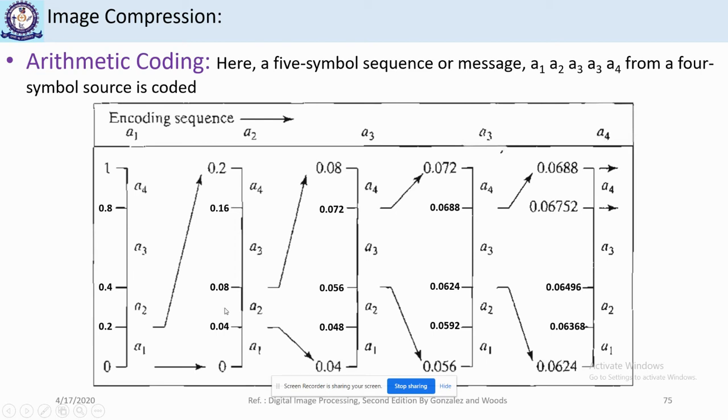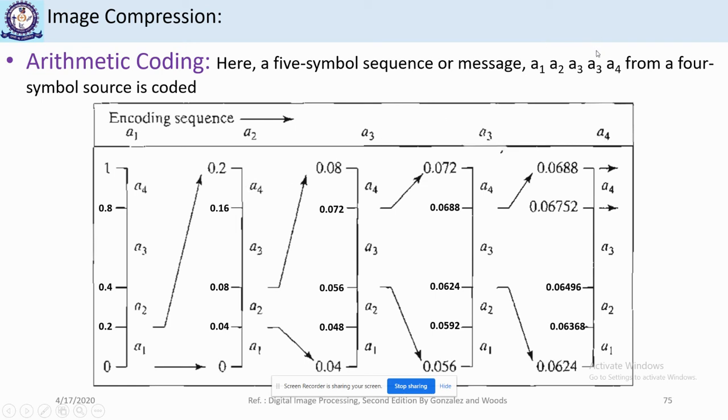The first, corresponding to A1, will be 0 to 0.04. For A2 it will be 0.04 to 0.08, and since A3 has a probability of occurrence twice that of the remaining symbols, it will have a range twice as large. So 0.08 to 0.16 is the range for A3, and 0.16 to 0.2 is the range for A4.